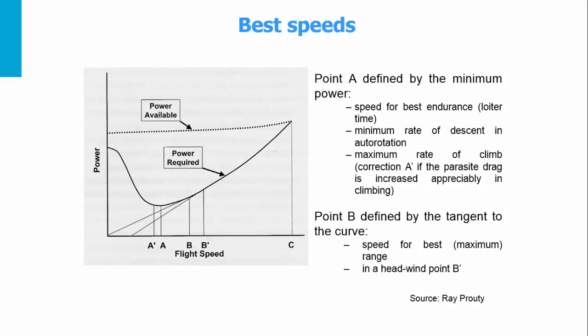And the correction A prime is because the parasite drag is increased appreciably in climbing. The point B is defined as tangent to the curve and corresponds to the speed for best maximum range. This ends the demonstration of the power required in forward flight plus the best speeds.